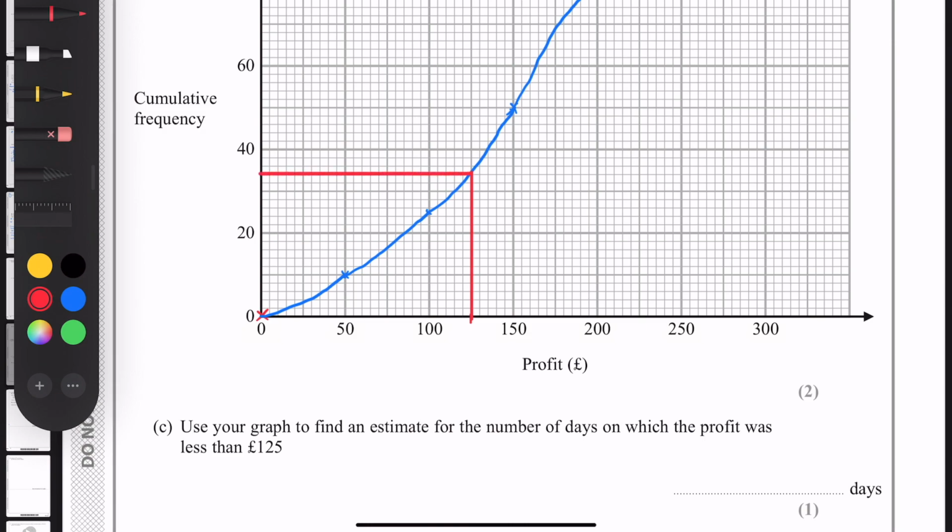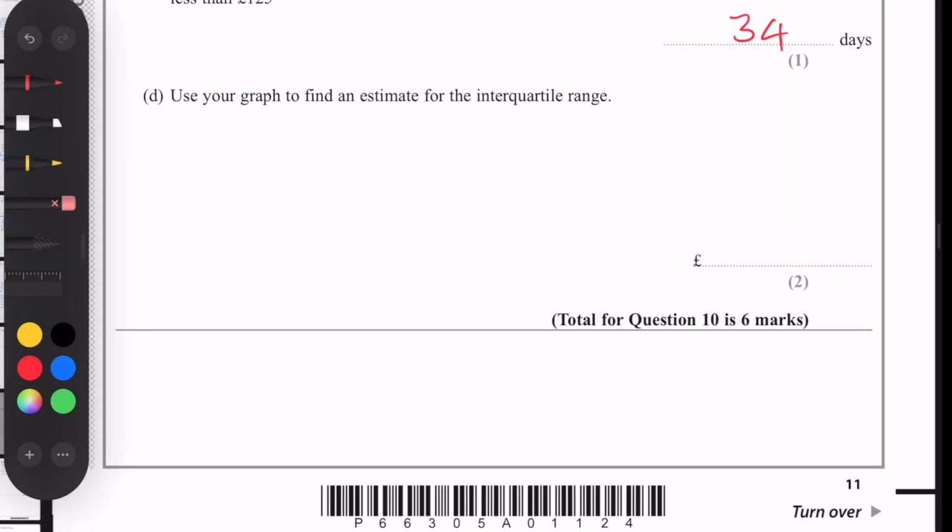Anything less than £125 is all of this, and anything more than £125 are all of these days. So there's 30, 32, 34, so it goes through at 34 on the y-axis there. 34 days.